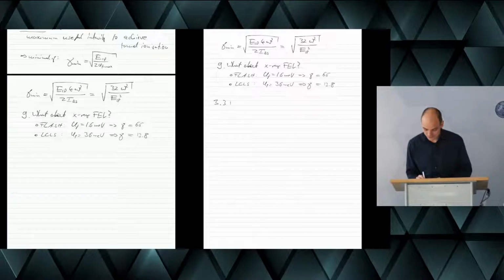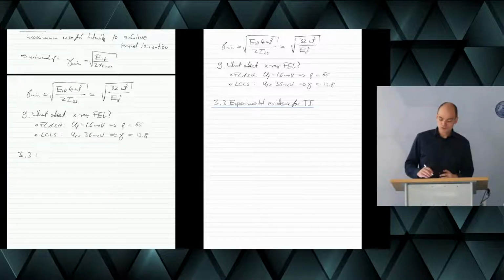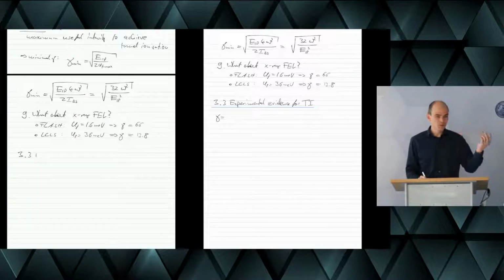So we continue with 3.3, experimental evidence for tunnel ionization. As a quick lesson from the previous section, we found that in order to achieve gamma smaller than 1, or significantly smaller than 1, we want to go to long wavelengths.